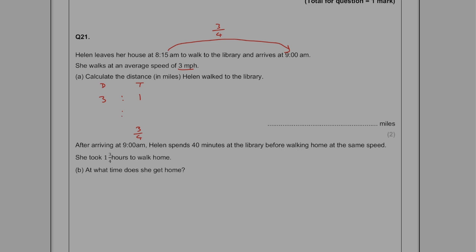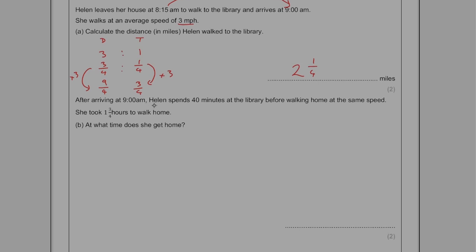The way I'm going to do that is I'm going to say that in a quarter of an hour, she would have walked 3/4. If I want to get from there to there, I'm times it by 3. So that's going to be 9 over 4. And then 4 will go into 9 fully twice with 1 left over. So we're looking at 2¼ miles.